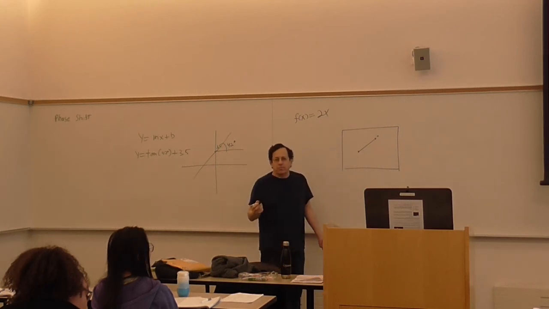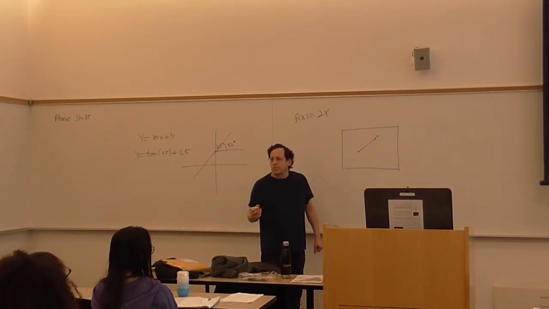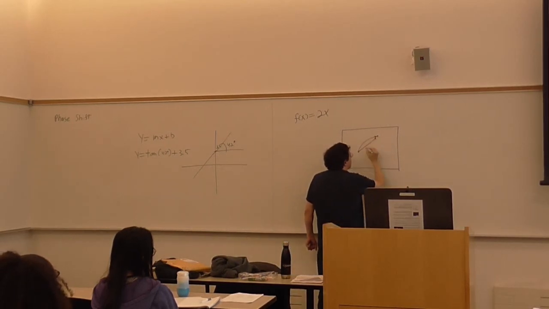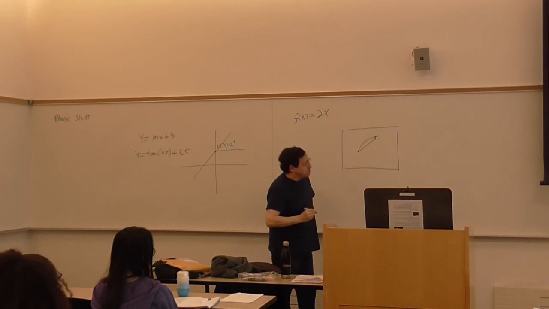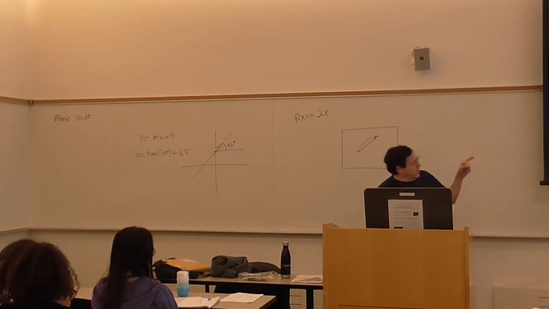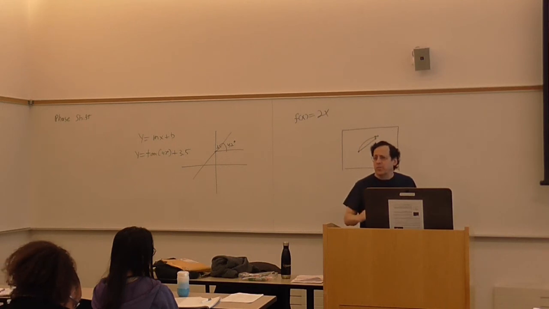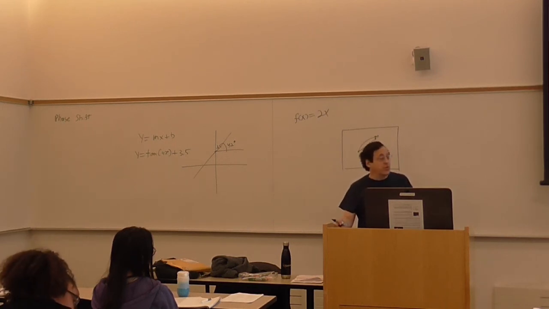But in fact, that's not the straight way to get there. You actually have to follow what's called a great circle. The thing about the Mercator projection is that if you draw a straight line on the Mercator projection, it's a great circle.